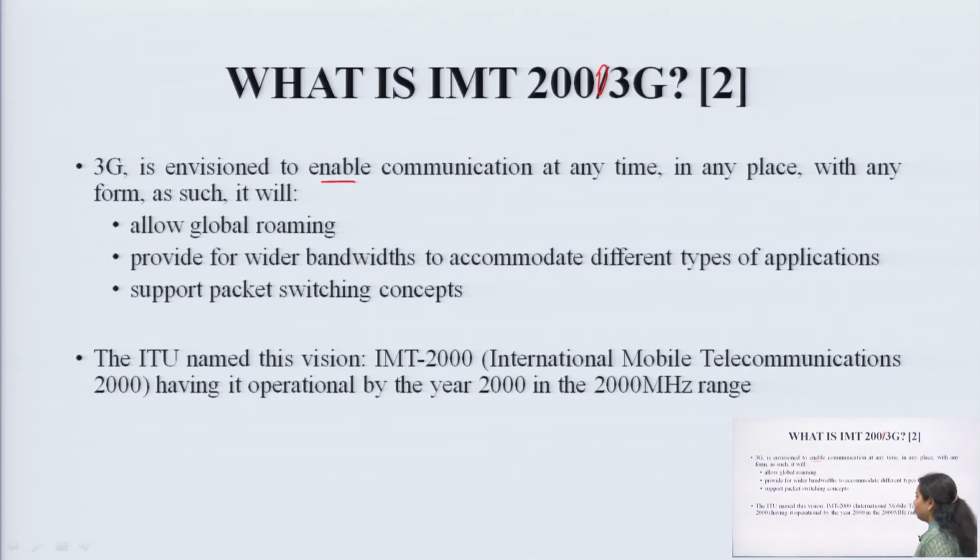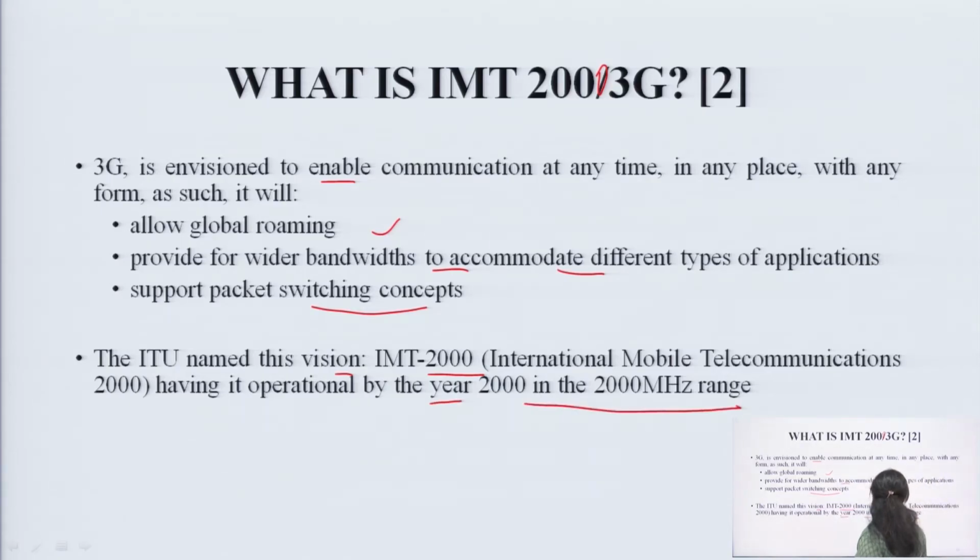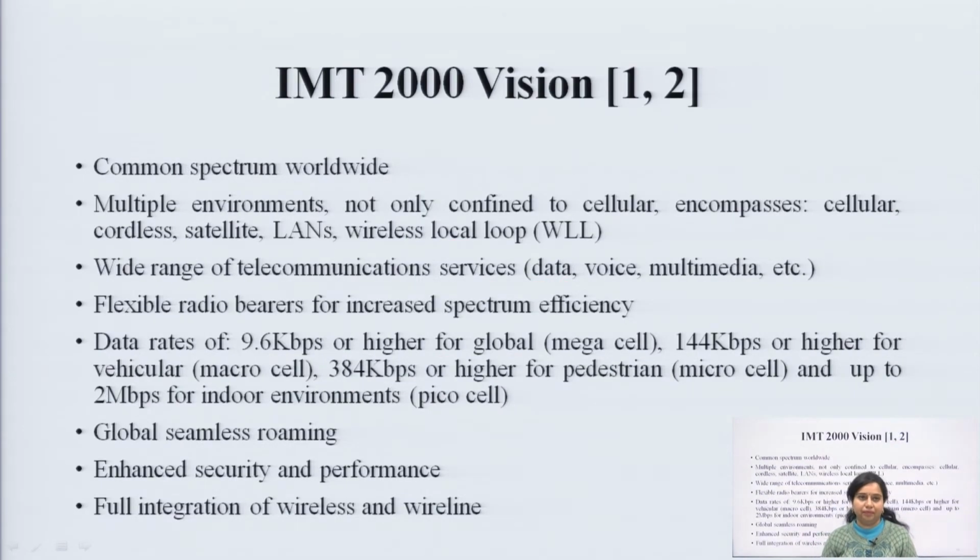It provides global roaming, meaning connectivity can be provided globally, and wider bandwidths to accommodate different types of applications. It supports packet switching concepts. The ITU named this vision IMT-2000, International Telecommunication Union, to be operational by the year 2000, with a frequency range of 200 megahertz and a transmission rate of 2000 megabits per second.